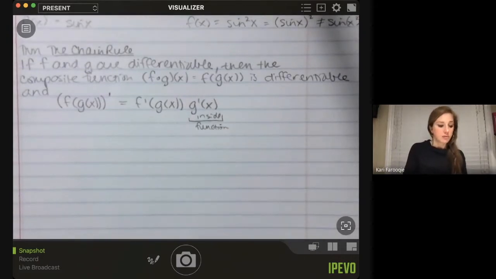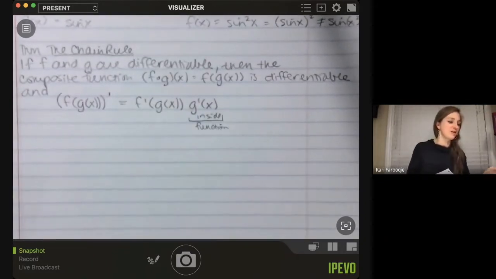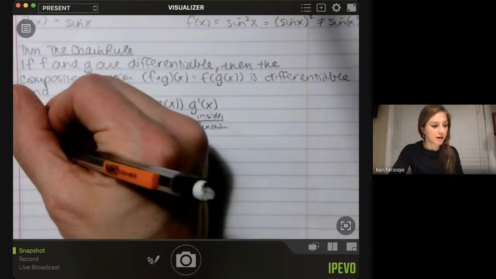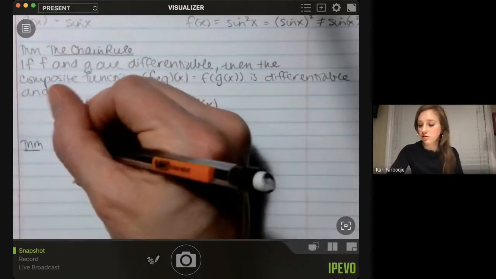So let's, oh, one more thing I wanted to go over real quick was this power rule that your book loves to split up so many ways, but we're going to use it real quick. So I just want to bring it to your attention. It's a theorem, power rule for functions.